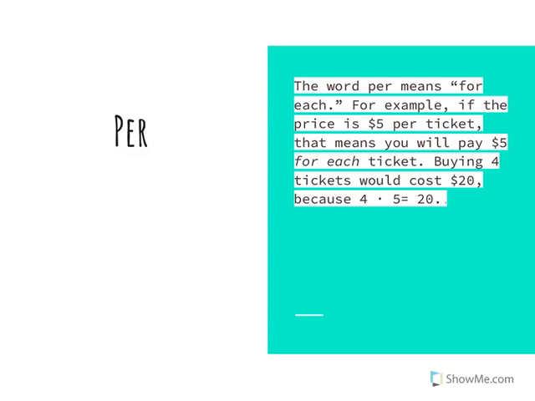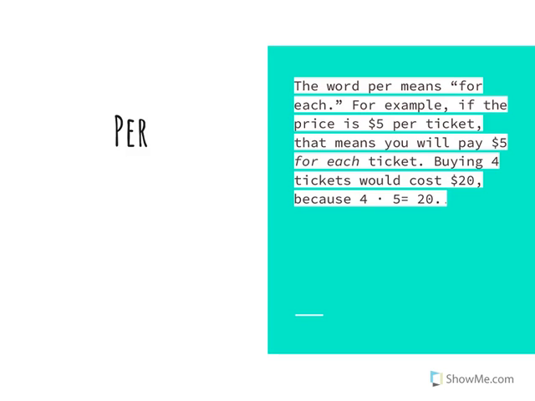Okay, now we're going to talk about per. Have you ever walked into a store and seen that they're having a sale on your favorite sweater, t-shirt, whatever? And let's say that it's $25 for 2 shirts. Do you really have to buy 2 shirts?